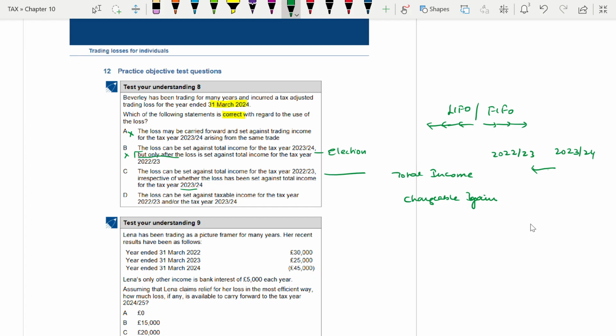If it is available, the loss can be set against the total income of 22-23, irrespective whether the loss has been set against total income of the current year. So this is also not correct.